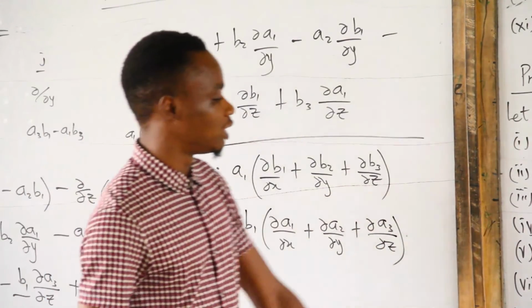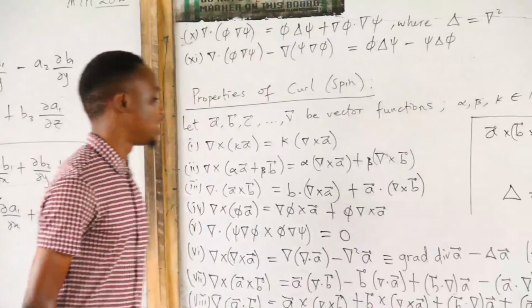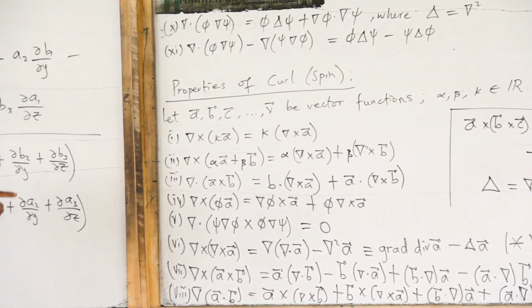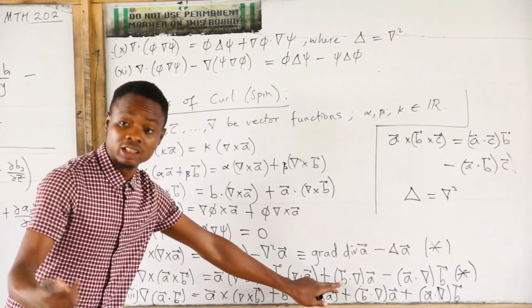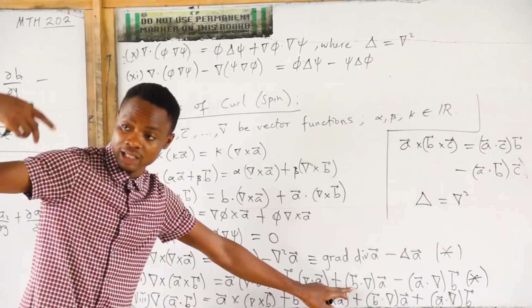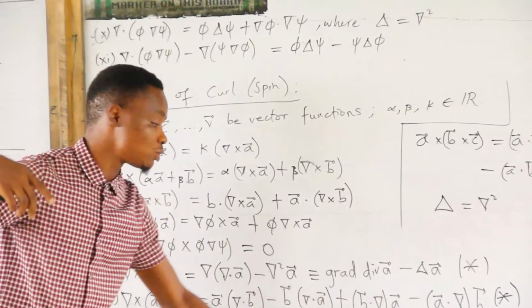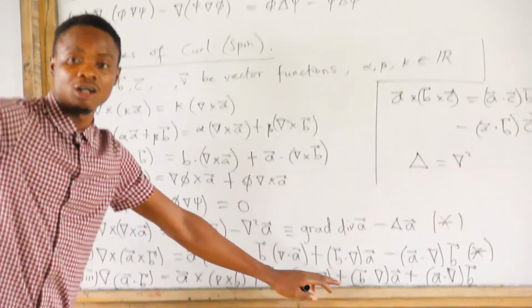Then you pick the next one again. B dot nabla. That's going to give you what? In this case, B1 del X. Do you get that? And then this one is going to be a vector. So we are going to have B1 del X of A1 together.